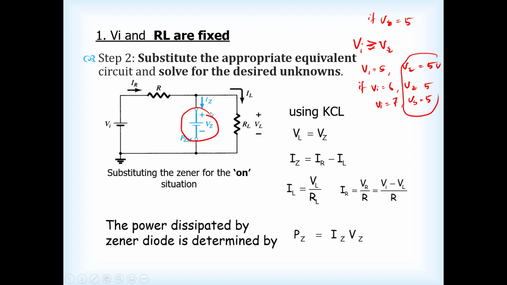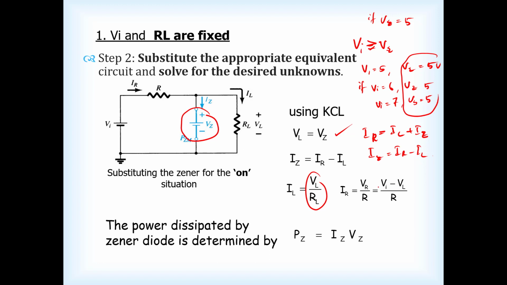Now let's look at when the Zener diode is on. So we have Iz and IL, and we make use of this equation: Vz equals VL. We use Kirchhoff's current law basically. Iz equals IR minus IL, or initially IR equals IL plus Iz. So we are looking for Iz equals IR minus IL. IL is VL over RL.